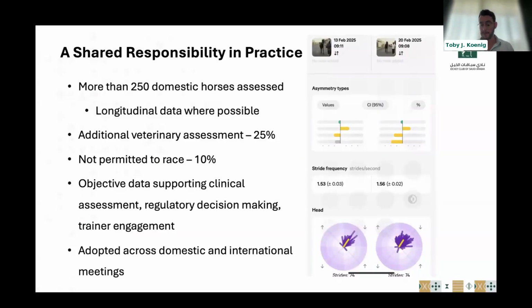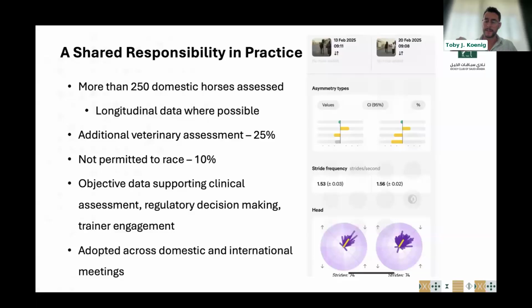When you view that from a certain perspective, those numbers can be concerning to horsemen and owners, but we like to look at it and think that they create an opportunity, allowing particularly domestically early intervention where possible, and to engage in more informed conversations with our trainers and our participants alike. These practices are something that we've sought to implement more broadly now across our domestic seasons, extending back into last year, which we can discuss as the discussion progresses.